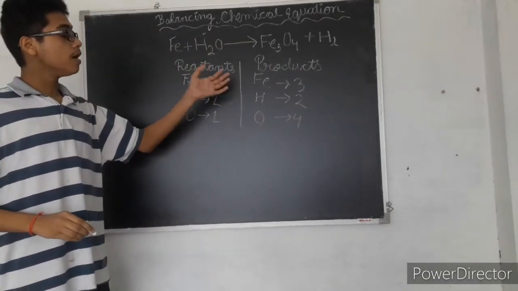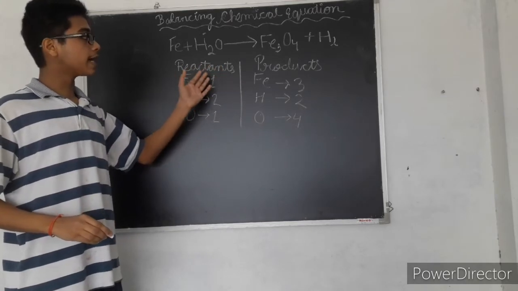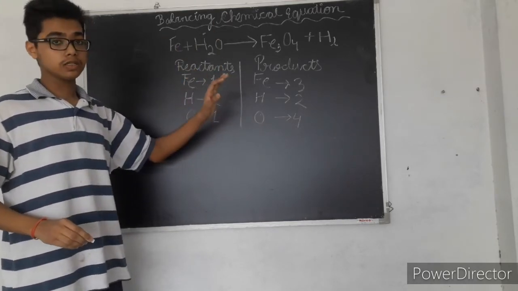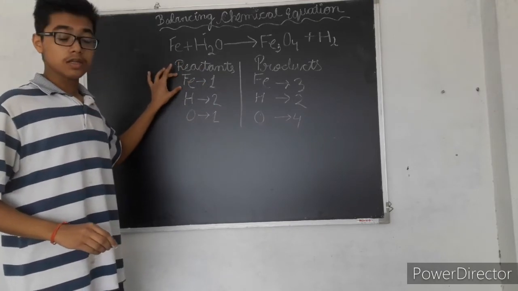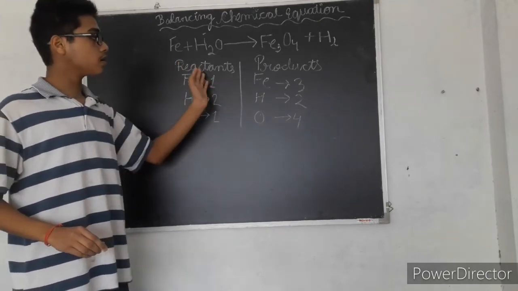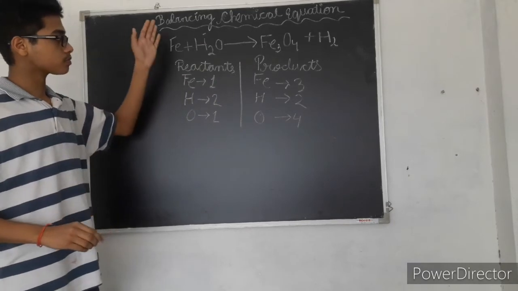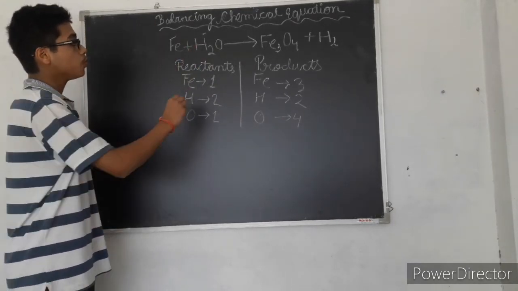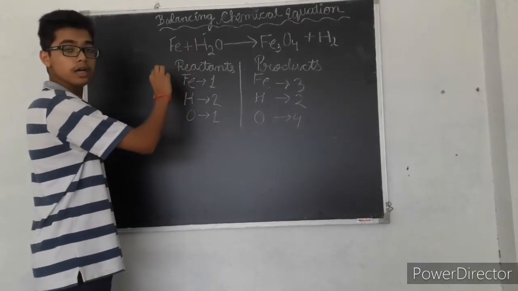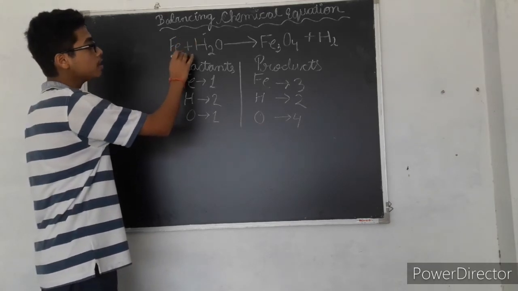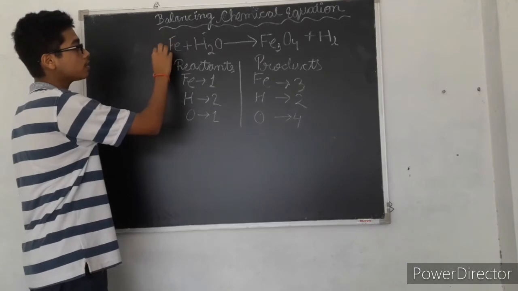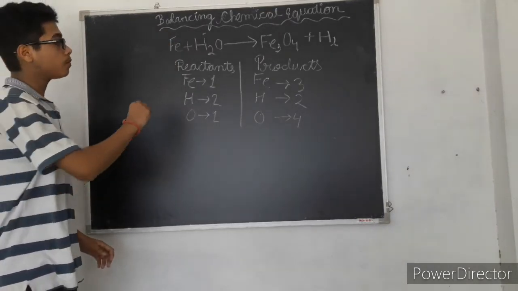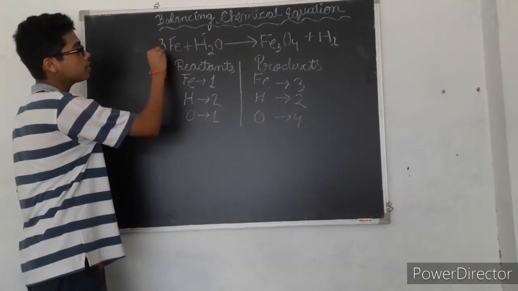So we have to make the number of atoms on both the sides equal. Means there should be 3 atoms of iron here also and here also. Now let us balance it. We cannot write 3 here. We cannot write the number in the position of atoms. We will write it in the position of molecules. So we will write 3 here.